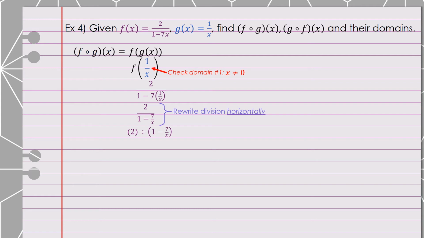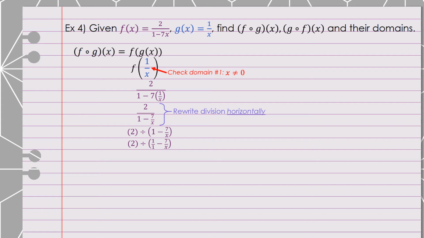From here, we now follow GEMS. I cannot do anything inside the first grouping because it is just a 2. But the second grouping, I have a 1 minus 7 over x. Well, because 7 over x is a fraction, I need to make 1 into a fraction. And to do that, I would simply place 1 over 1.